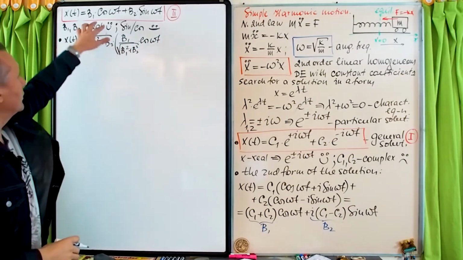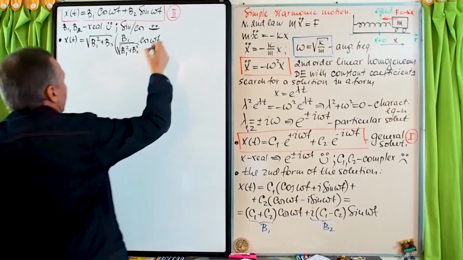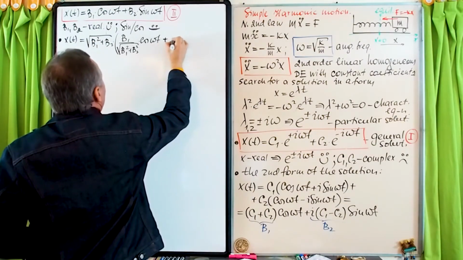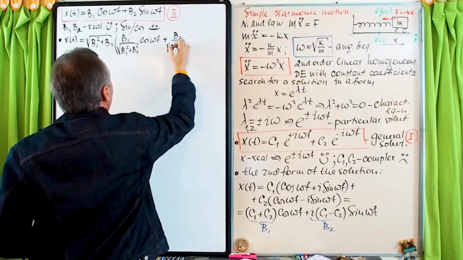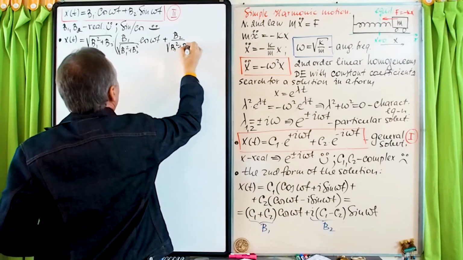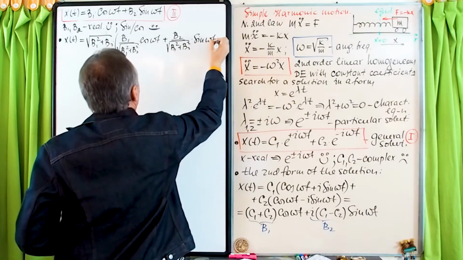If you multiply it, you will get exactly the same. So far there is no crime. Plus b2 divided by the square root of b1 squared plus b2 squared, and again, sine omega t.